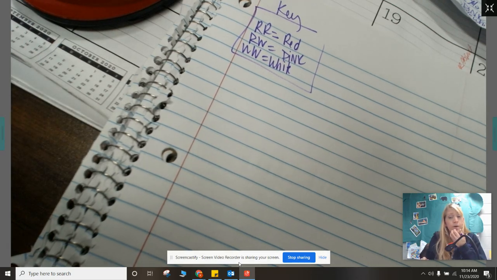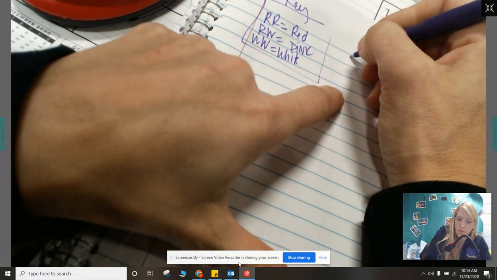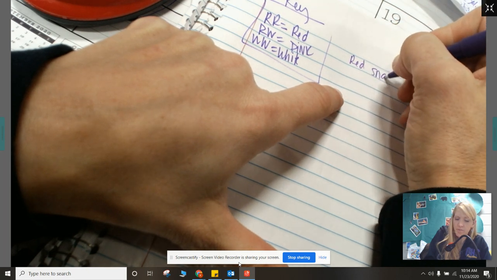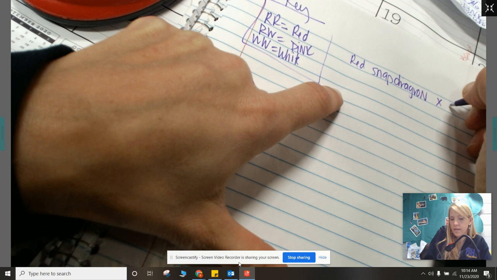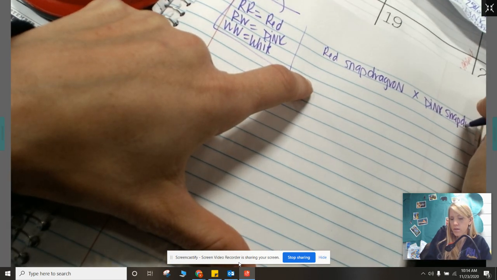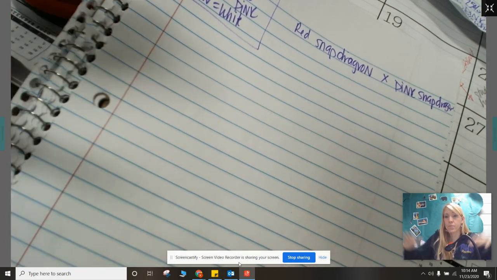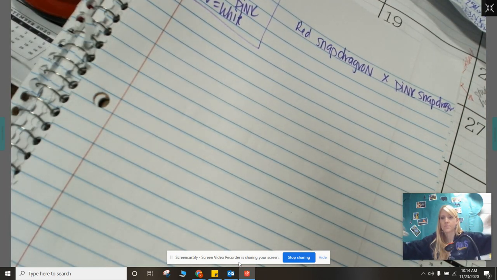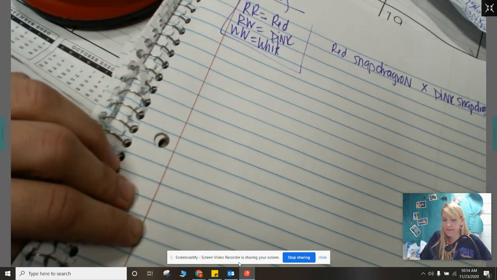Okay, mate a red flower with a pink flower. This isn't all flowers, so I should say a red snapdragon with a pink snapdragon. Red and pink. Hit pause, and then hit play after you've done it.